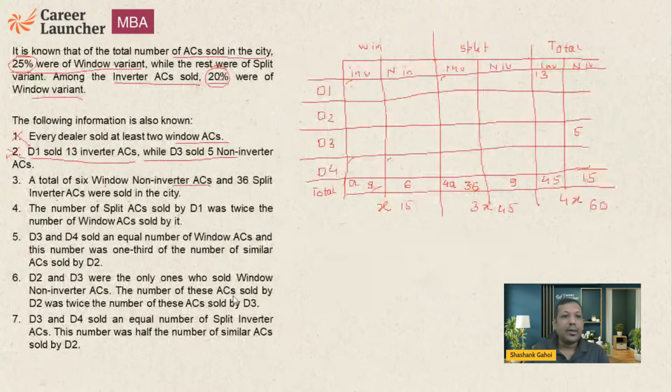Okay. Now, let's see, and this information I have used. The number of split ACs sold by D1, so basically this total value is twice of this total value.